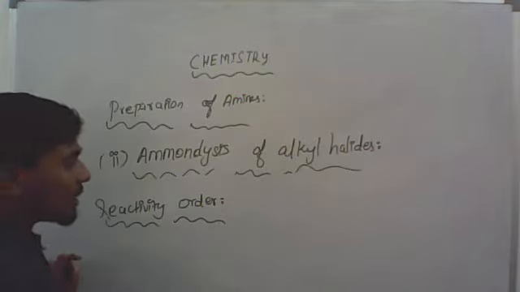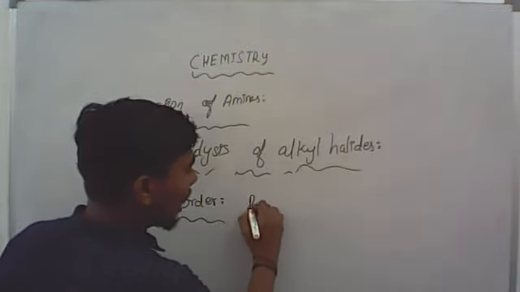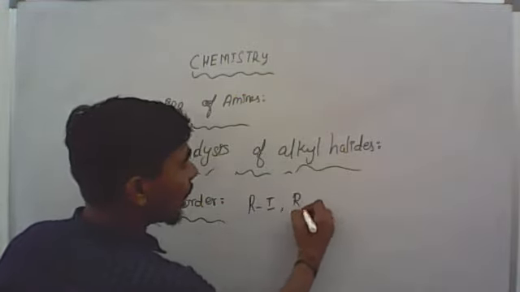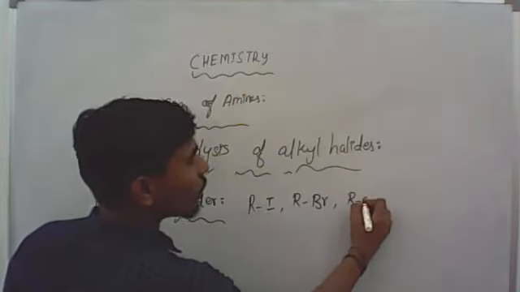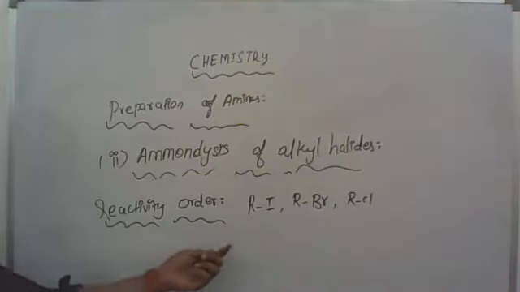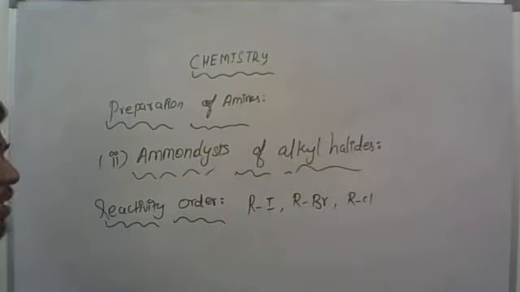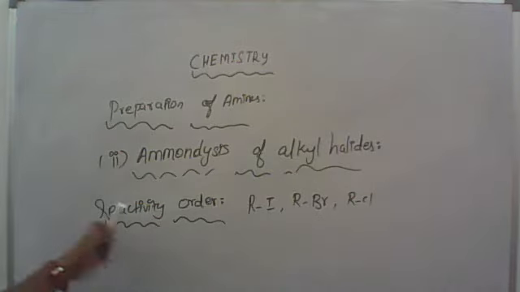I am taking here R iodide, R bromide and R chloride. Based on these three, the rate of the reaction will be different.